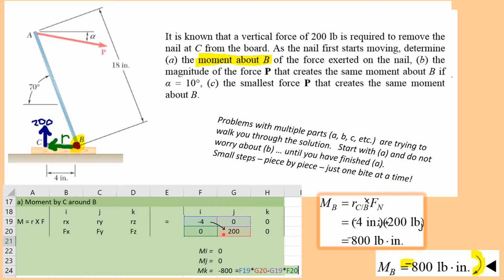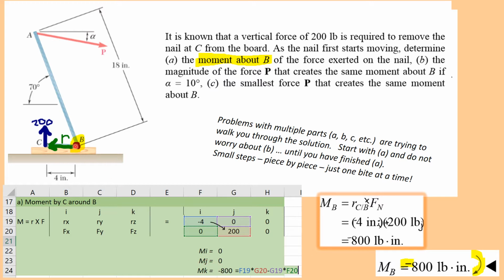So we're going positive J direction 200. And the moment around B, so this is the first chunk of it, part A, is just -4 times 200. And you can just click on this cell times this cell, minus the zeros, and you get your -800 force. And this is in the K direction.